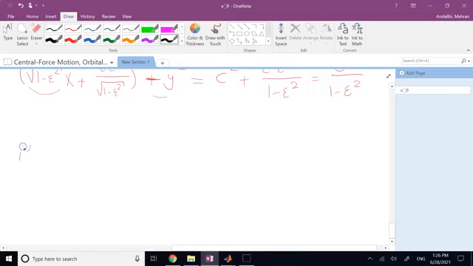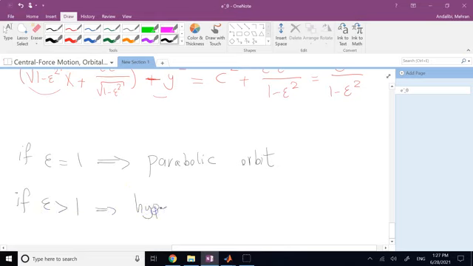So if epsilon is 1, then you will have a parabolic orbit, and if epsilon is bigger than 1, then you will get a hyperbolic orbit.